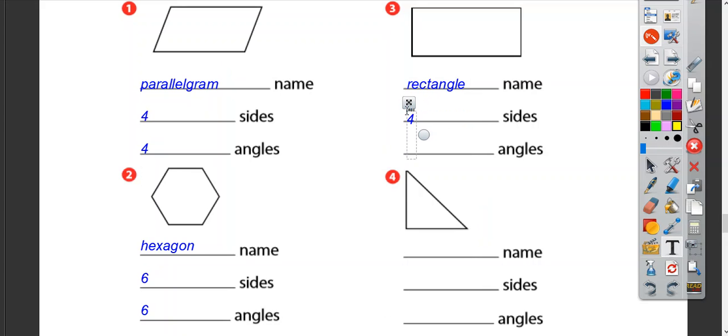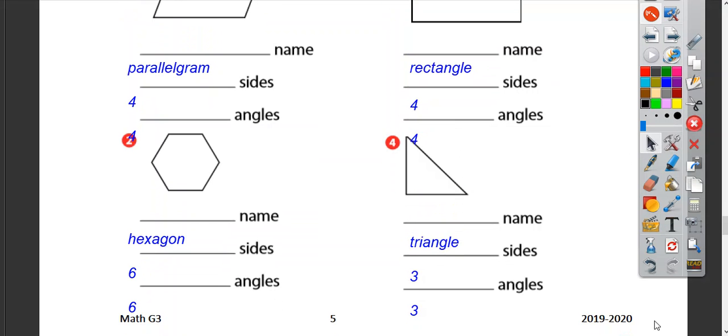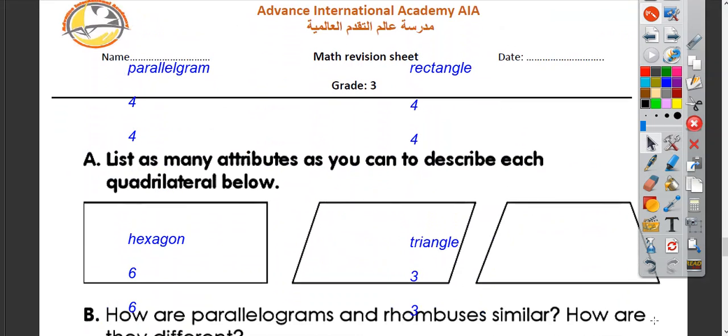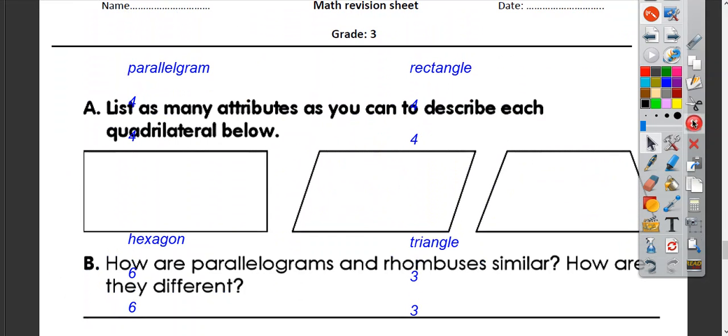Yes. And how many angles? Yes. This one is a triangle. It has 3 sides and 3 angles. Excellent. So now let's go and see another page. Oopsie, we have the answers with us.